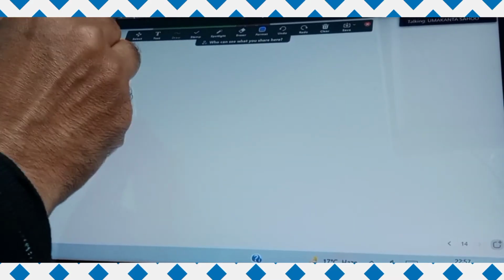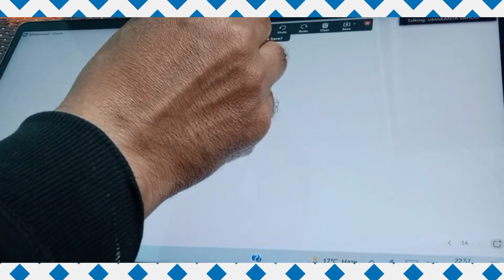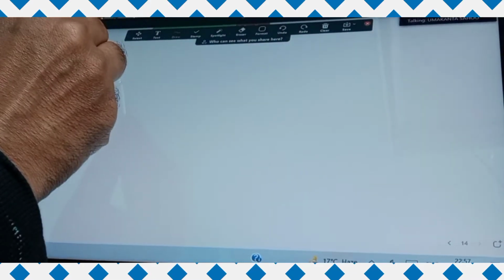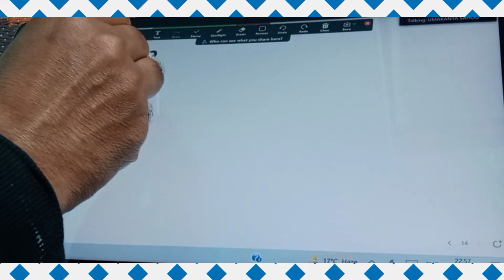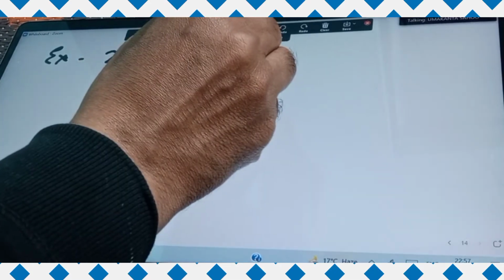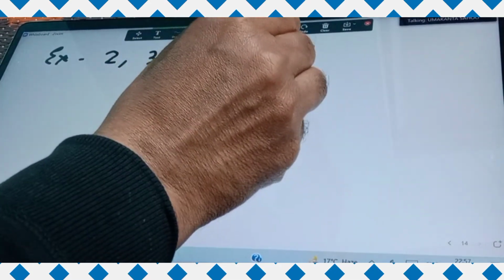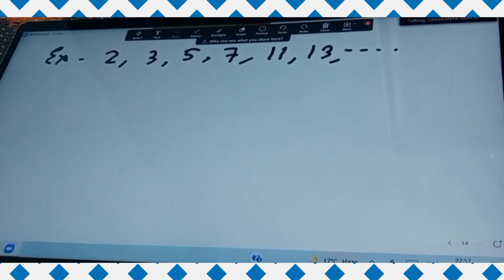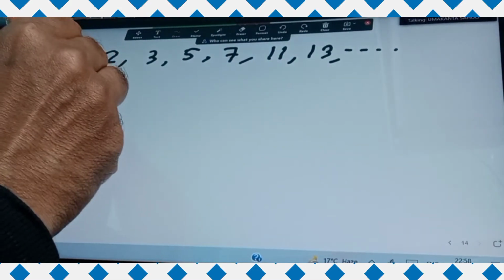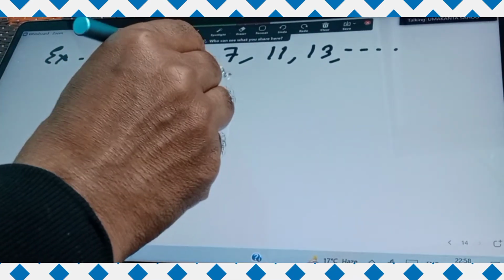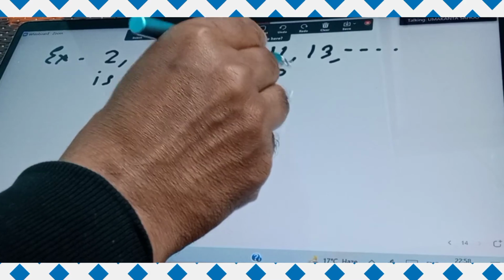Now suppose I am writing another sequence: 2, 3, 5, 7, 11, 13, and so on. Can you say what kind of sequence it is? It is a set of prime numbers.